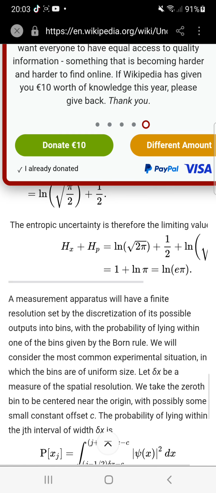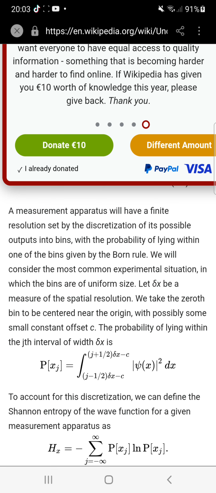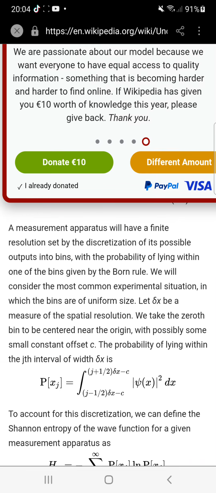A measurement apparatus will have a finite resolution set by the discretization of its possible outputs into bins, with a probability of lying within one of the bins given by the Born rule, where we will consider the most common experimental situation in which the bins are of uniform size. Let Δx be a measure of the spatial resolution. We'll take the 0th bin to be centered near the origin, with possibly some small constant offset c.